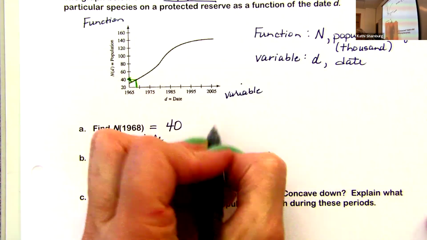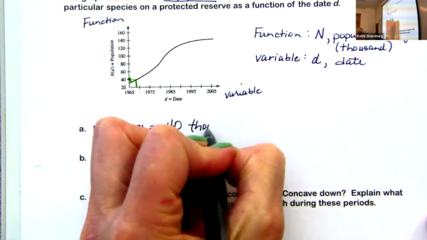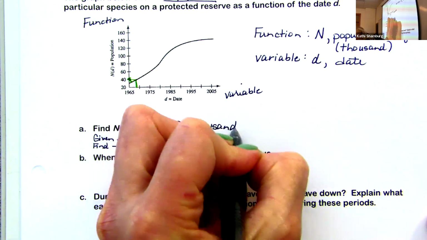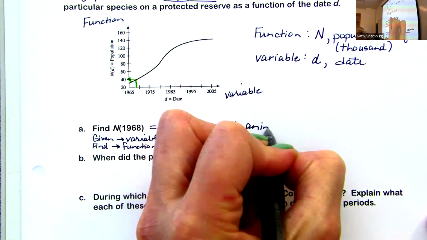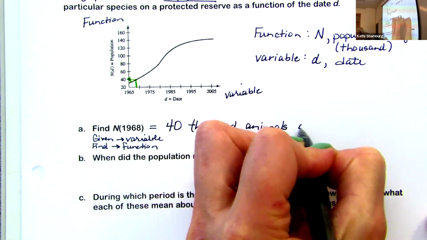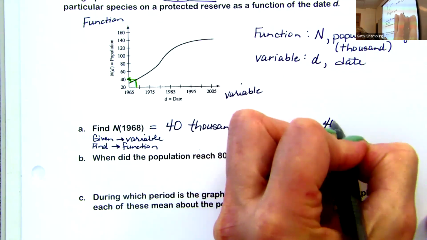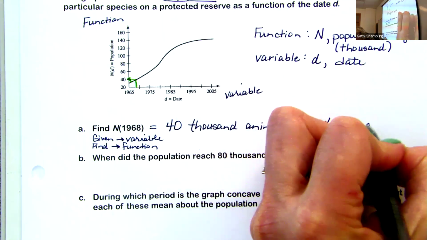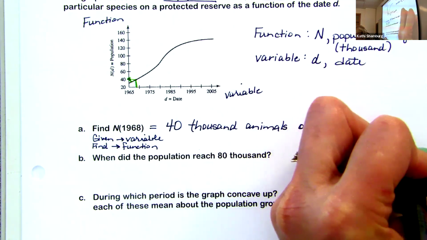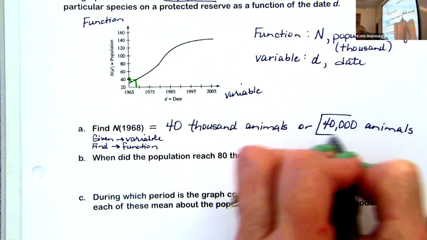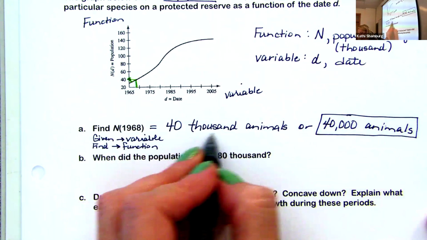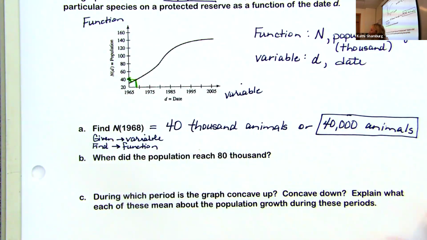So I need you to either write 40,000 animals, you can write that, or you could write 40 thousand animals. Either way is sufficient. This is okay as well. But always, always, always, don't just give me a number. Tell me what it is that it represents.